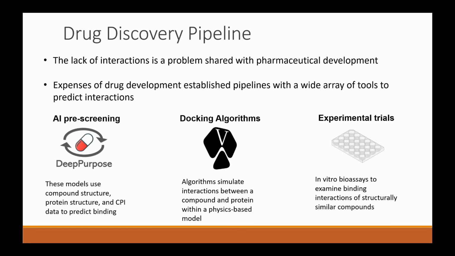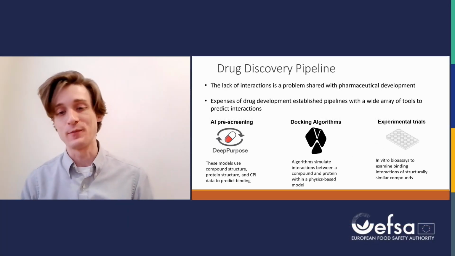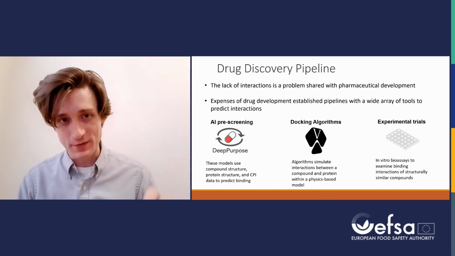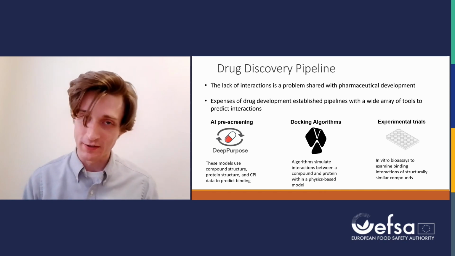Here, it's AutoDock-Vina. But there are many different types of docking algorithms. And then they'll go into, say, experimental, where they do in vitro bioassays examining these interactions, maybe with structurally similar compounds, even before they start to develop the drug itself, because the cost of developing the drug is so large.